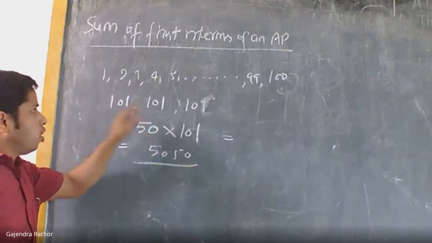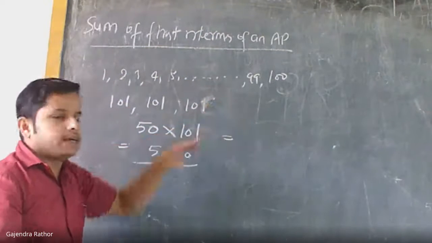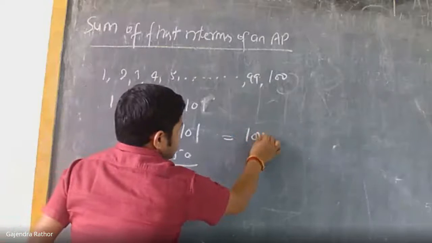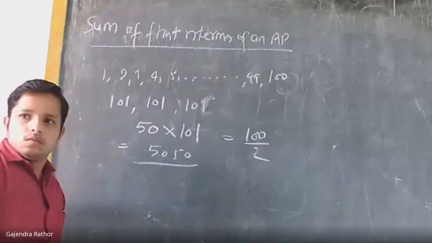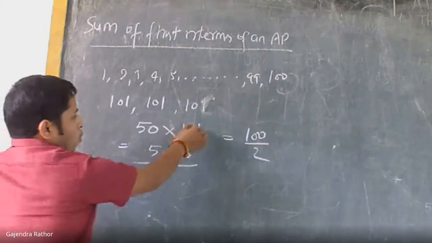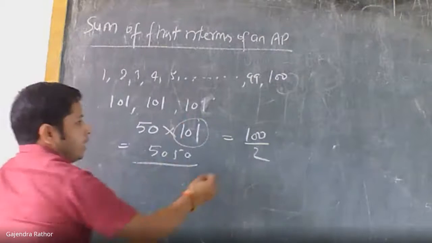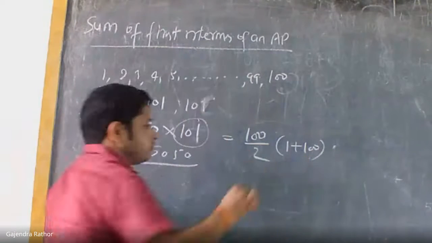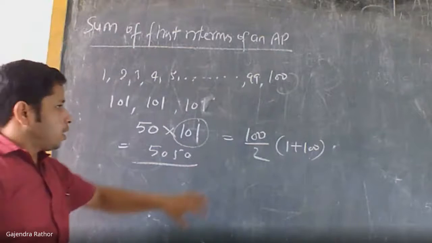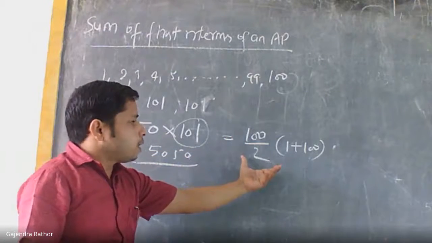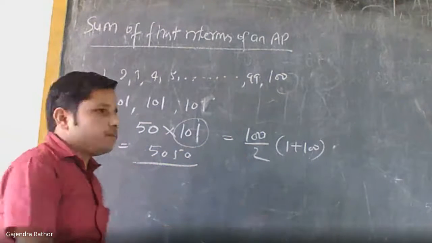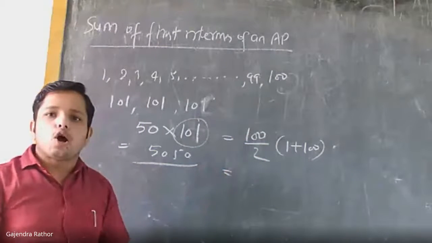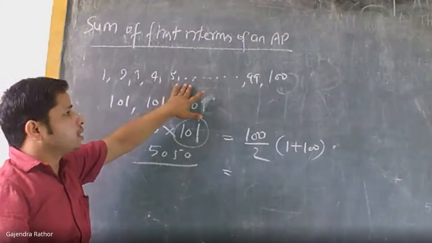Now 50. The total numbers are 100. So 50 we can write as 100 by 2. Okay, now 101 we can write as 1 plus 100. Is it correct? Now we will convert it to standard form. What is the 100? 100 is the number of terms in this AP.